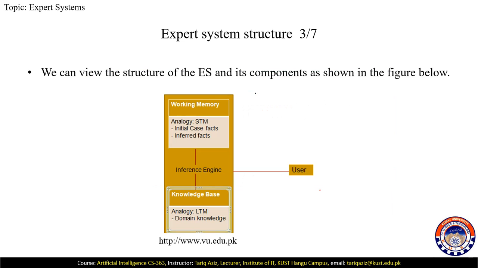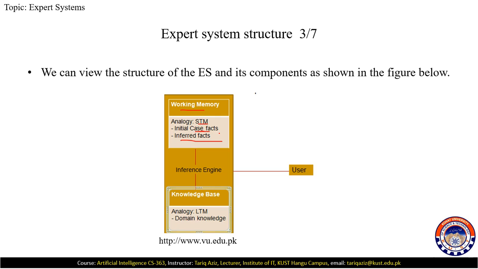Let me explain this structure of the expert system with the help of the diagram. So here we have the working memory, which can also be represented by the short term memory. The current facts which the expert system will gain from the environment are initial case facts, and we can say inferred facts.